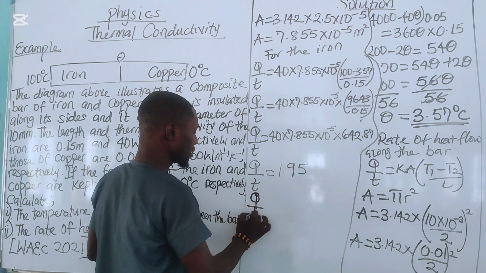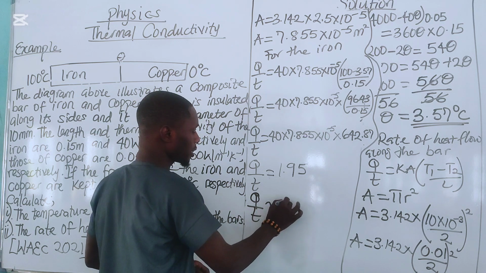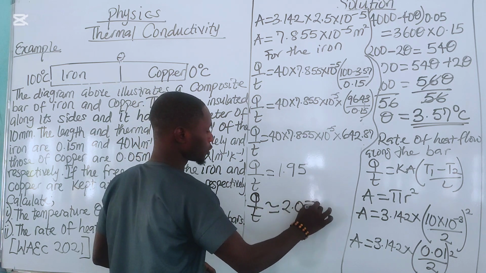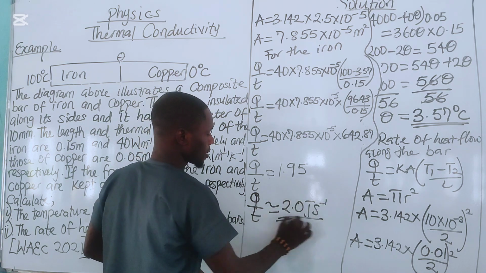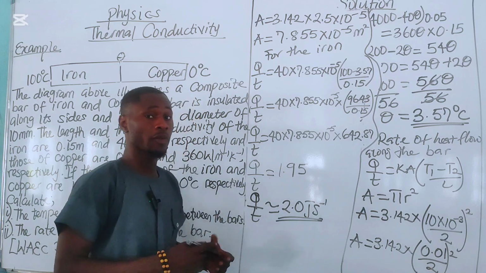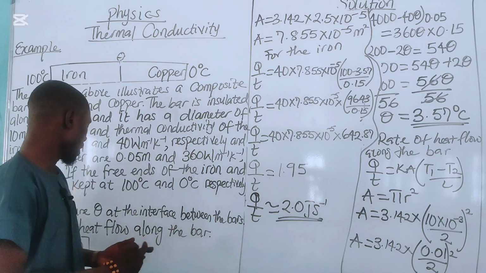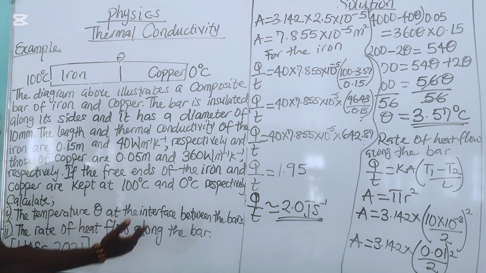So Q over T is approximately 2.0 joules per second. This gives us the rate of heat transfer through the iron bar.